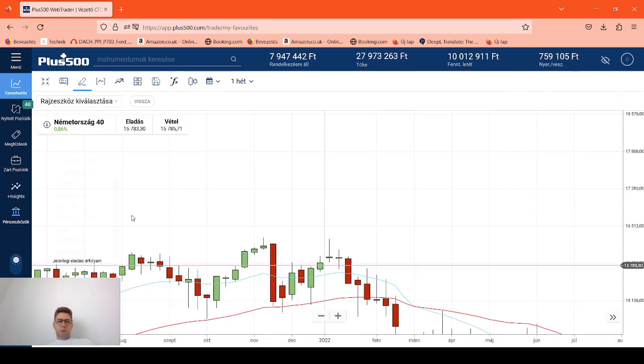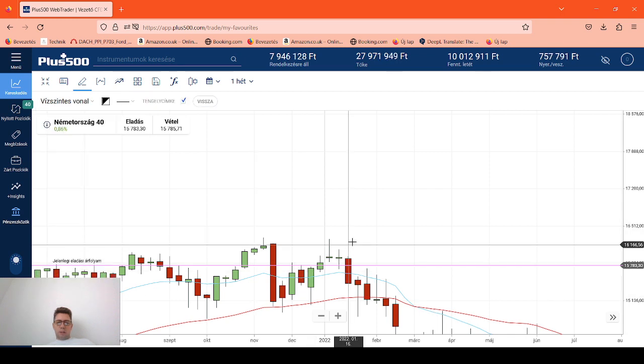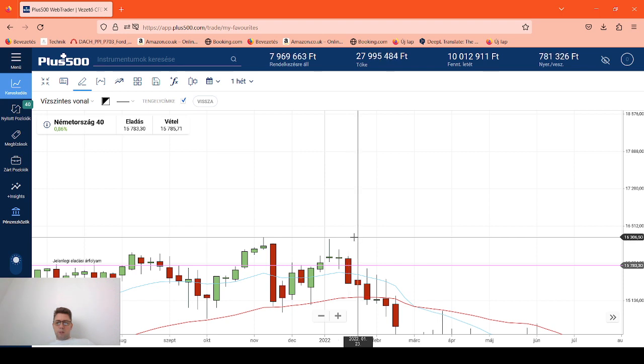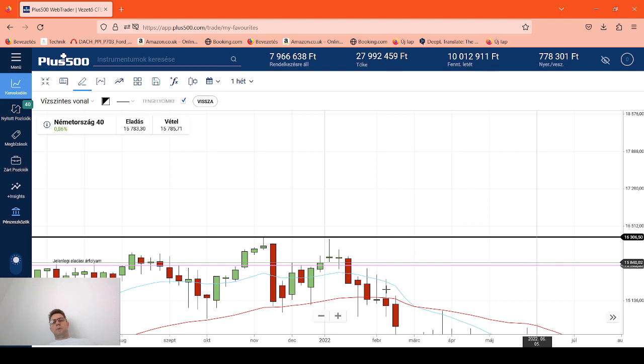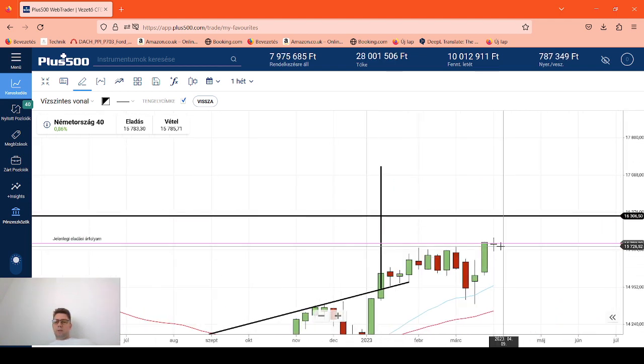Let me just draw it and look at it as resistance. We will look at it as resistance around 16,300. It's going to be resistance, but I do think we are on our way there. We might have a pullback there.